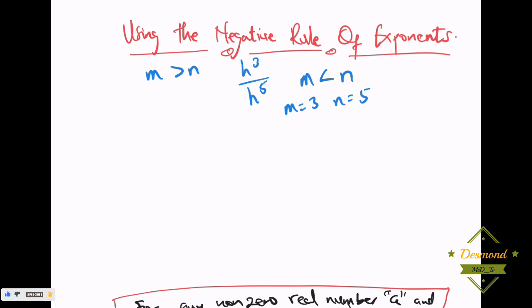Now, we divide one exponential expression by another with a larger exponent. So we are going to use the example that I just wrote here, which is h exponent 3 on h exponent 5. Let's simplify this and see.